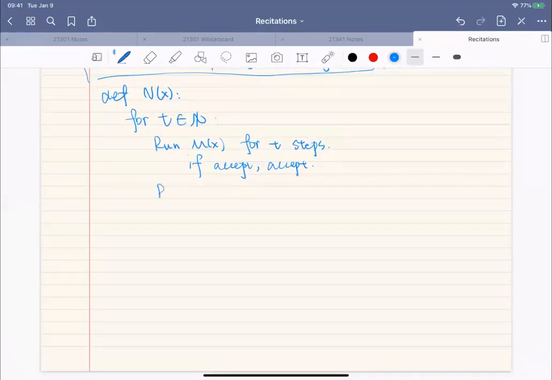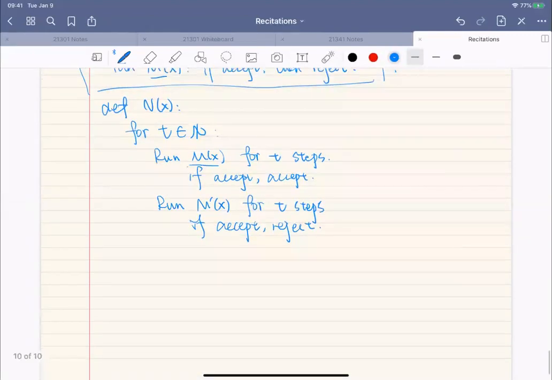Also, if M does not accept, we run M prime on X for t steps. And in this case, if it accepts, we reject.